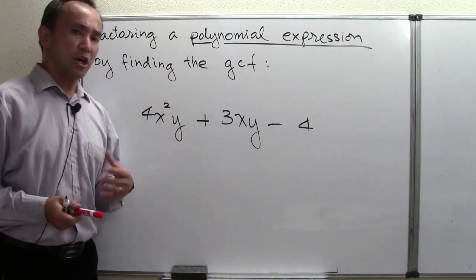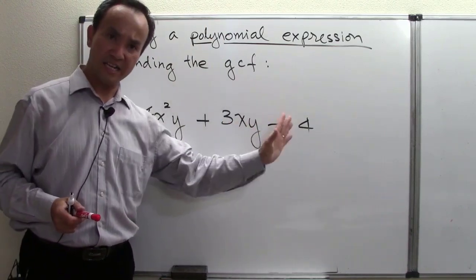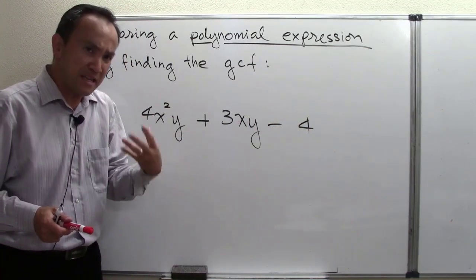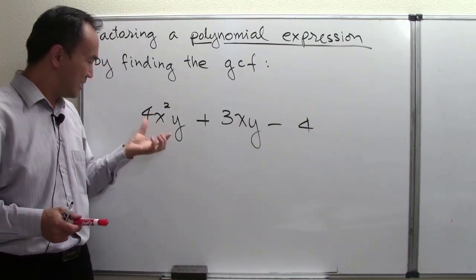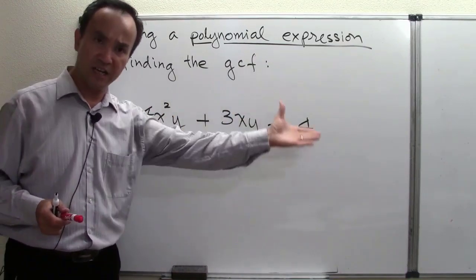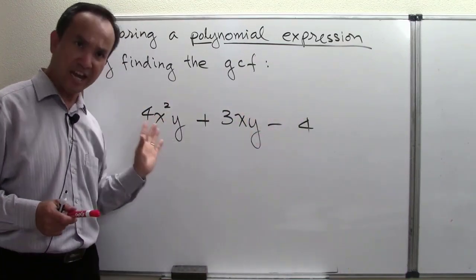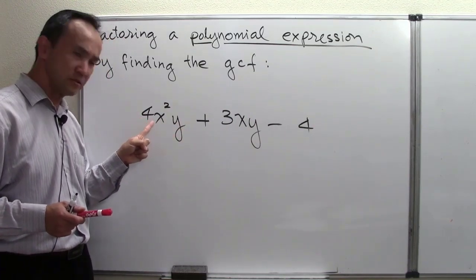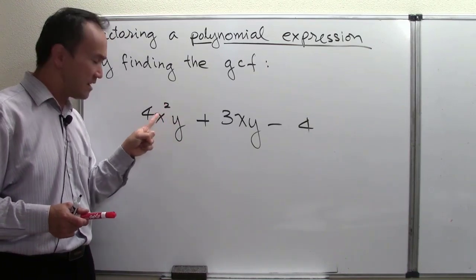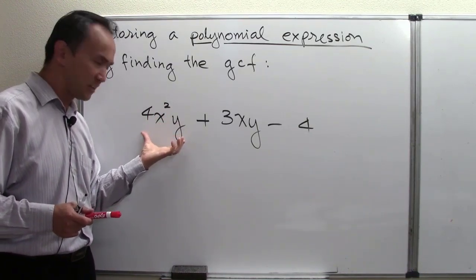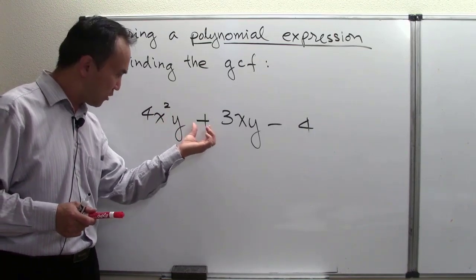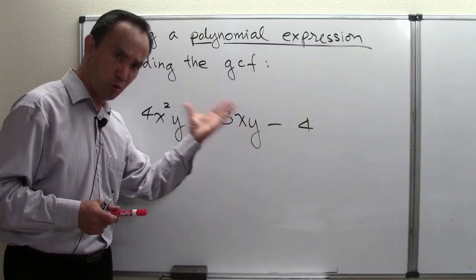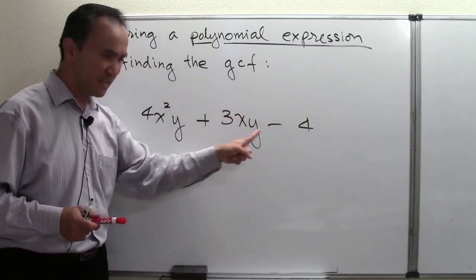Okay, so what I see here is a mathematical expression. A mathematical expression tells you what kind of operations are involved in a computation. You go 4 times whatever the value for x squared and multiply with y, and then the computation doesn't stop there, it goes further, and then we add 3 times x times y, and of course order of operations counts, and then minus 4.